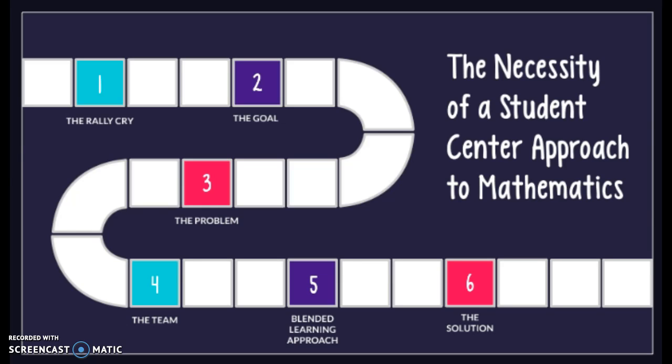Number 4, the team that we need to generate in order to see the necessity of a student-centered approach to mathematics. The team, which would operate functionally, will consist of 5 players or teachers.